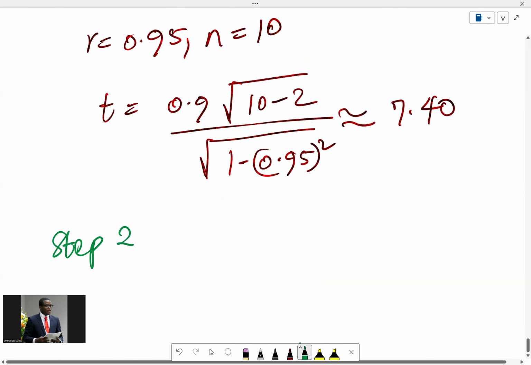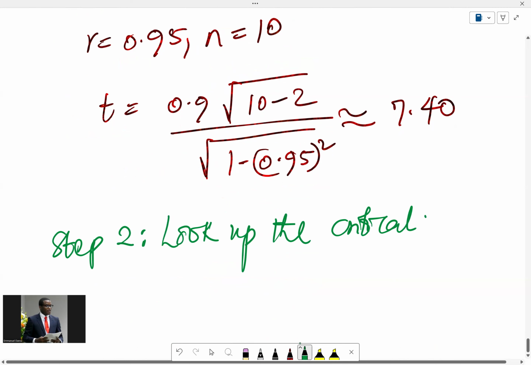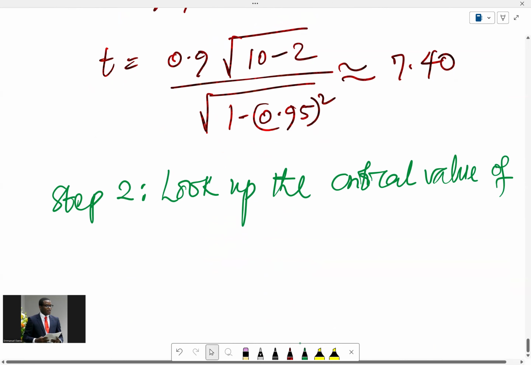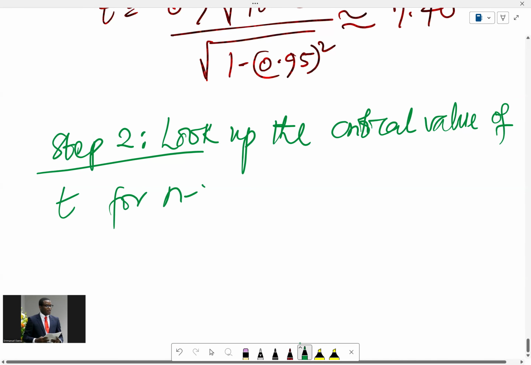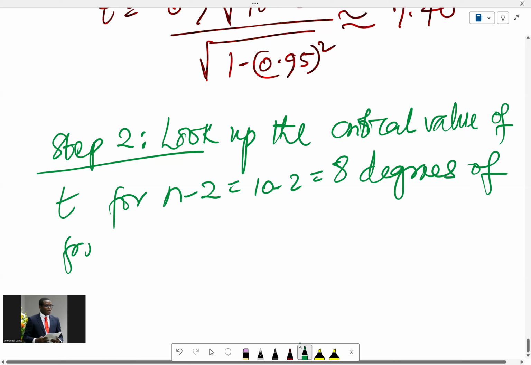And then that leads us to step 2. We need to look up the critical value of T for n minus 2, which is 10 minus 2, equal to 8 degrees of freedom at alpha equals 0.05.